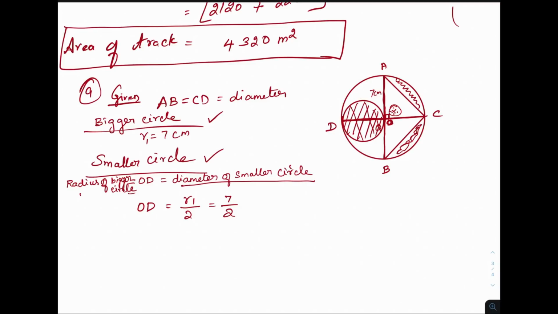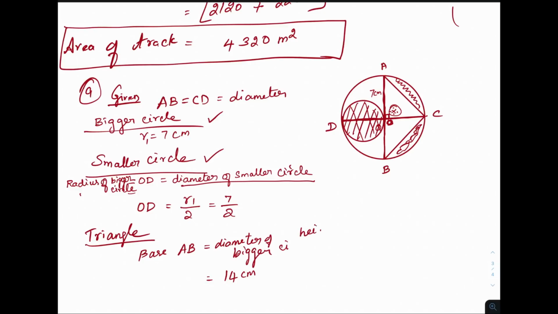Now we need to take values for the triangle. The base will be AB, that is the diameter of the bigger circle, that is 14 centimeter, and the height is equal to the radius of the bigger circle.